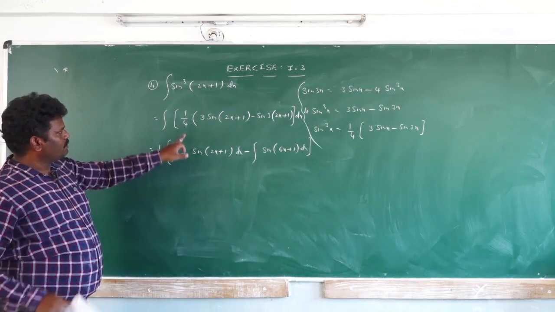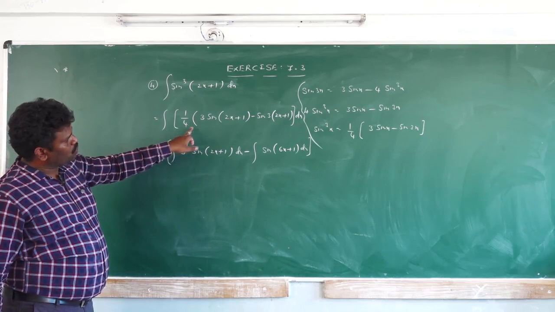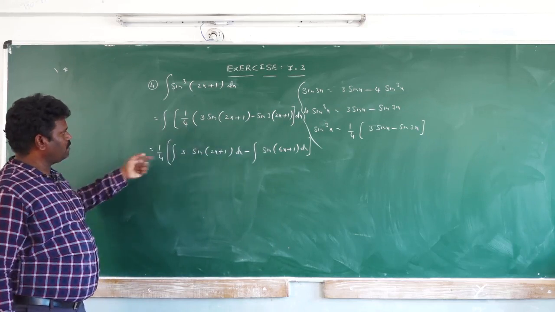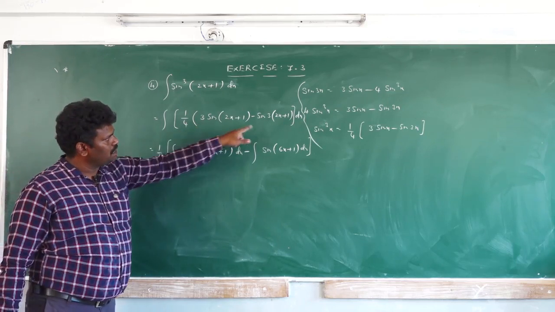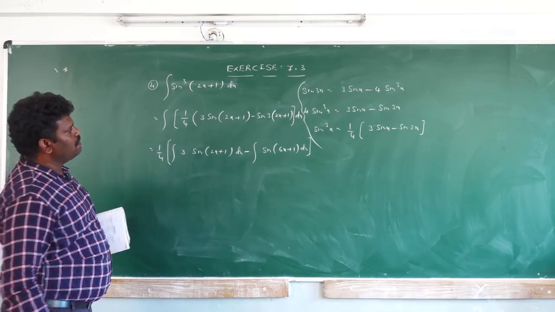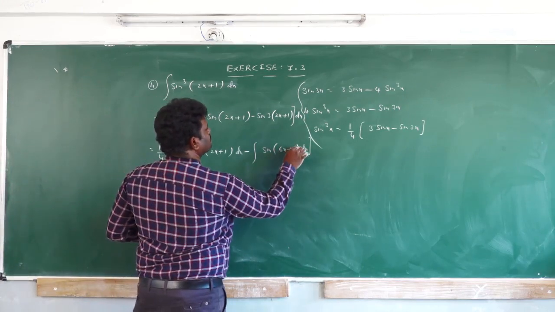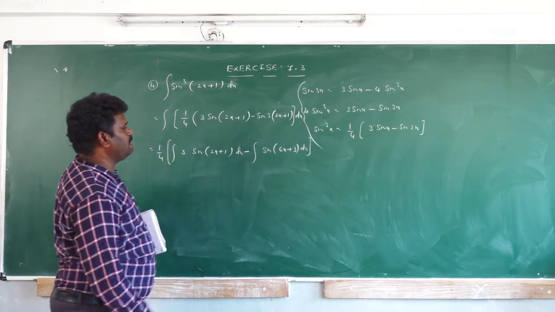Okay? So first 1 by 4, then 1 by 4 taken outside, 3 into sine integration, and sine of 6x plus 3, 3 twos are 6x plus 3, dx value.